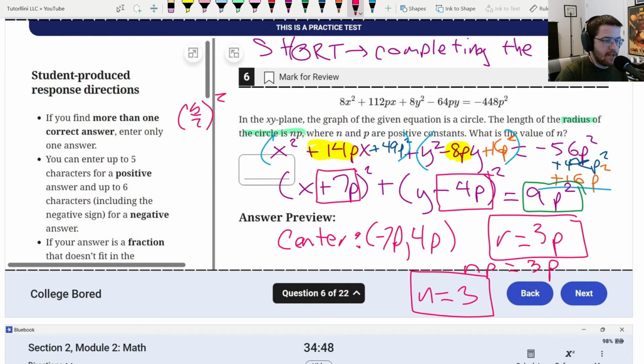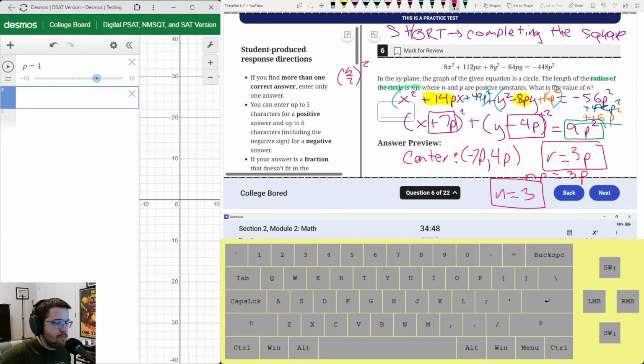Great, let's go do it on Desmos. Okay, so it says p is a positive constant, so I'm just going to pick a random positive number. There's already a bunch of 3's, right? So why don't I make p equal 4 or something?